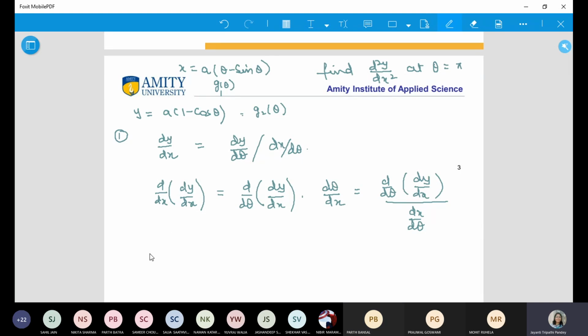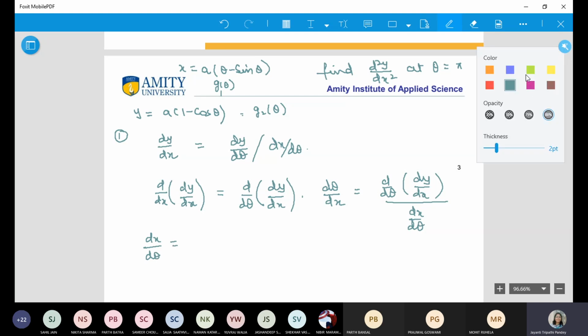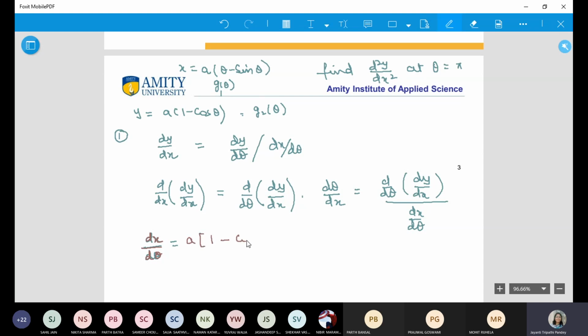You have x is equal to a theta sine theta. So what is dx by d theta? Please calculate and tell me. A is a constant, theta is 1 minus cos theta.